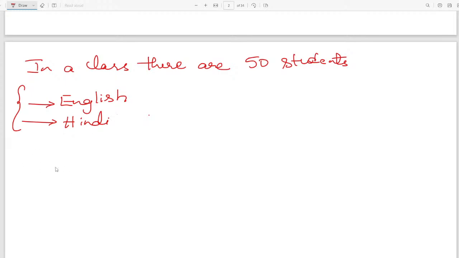And in the other type, they can say that there are three languages. That is, they may speak English, Hindi, and then Spanish.